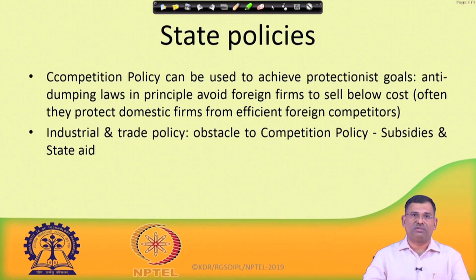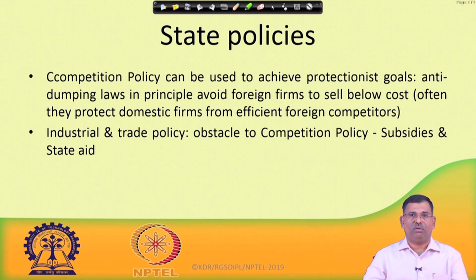Some countries go for strict implementation of the competition policy, which may lead to promoting the domestic industries. For example, in order to promote the domestic industries, there is international trade law within the WTO framework, the anti-dumping law, which promotes the domestic industries by imposing additional duties on imports, which are not good for competition in the market, but the international trade law allows it.